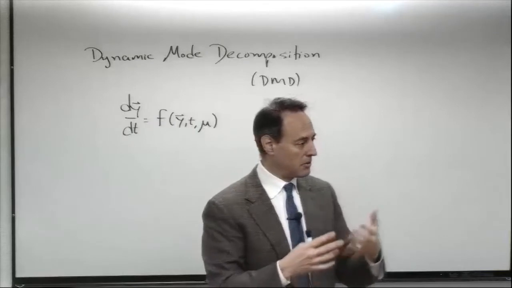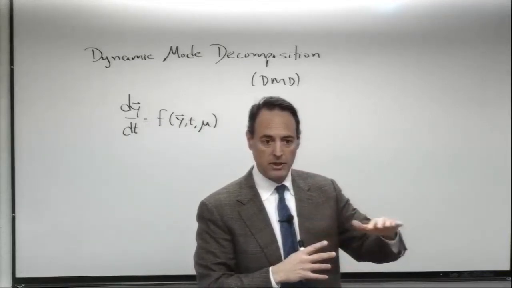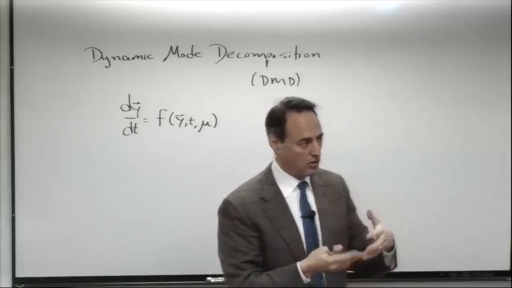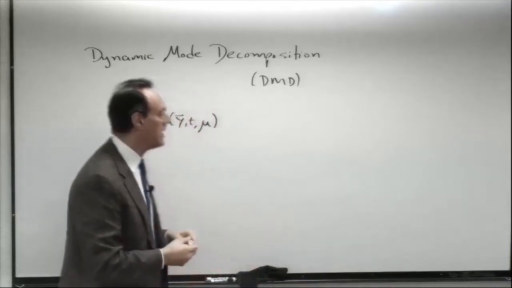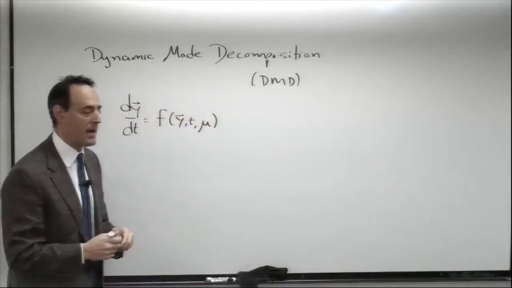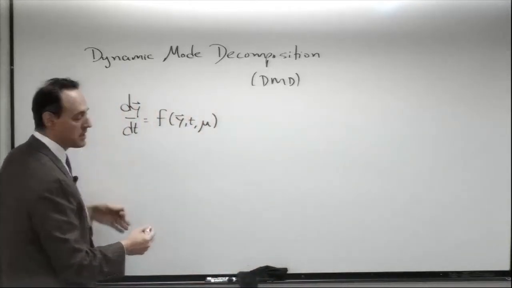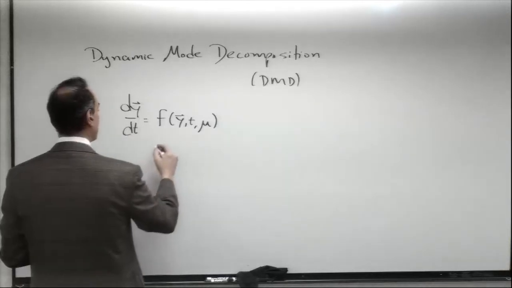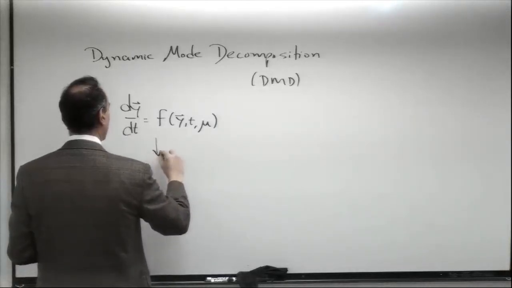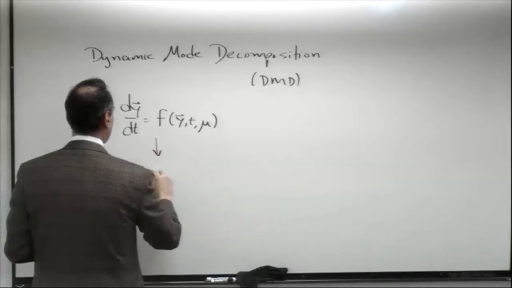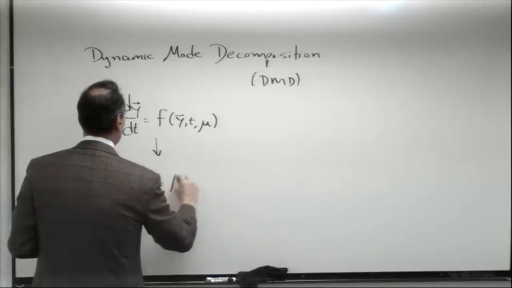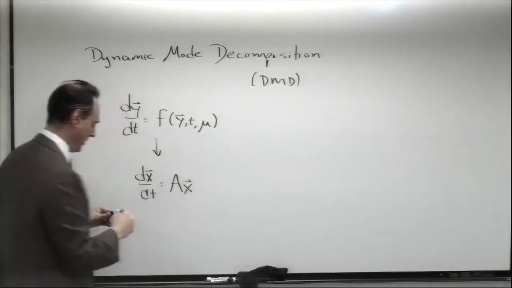However, you would like to be able to build a model, make reasonable predictions into the future, look at the patterns that are there, and specifically dynamic patterns. And so the DMD, as I showed you last time, was just basically, I'm going to approximate this with the best fit linear dynamical system.